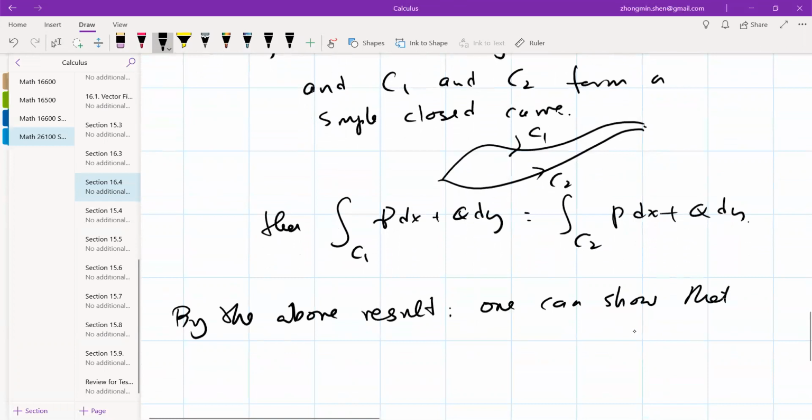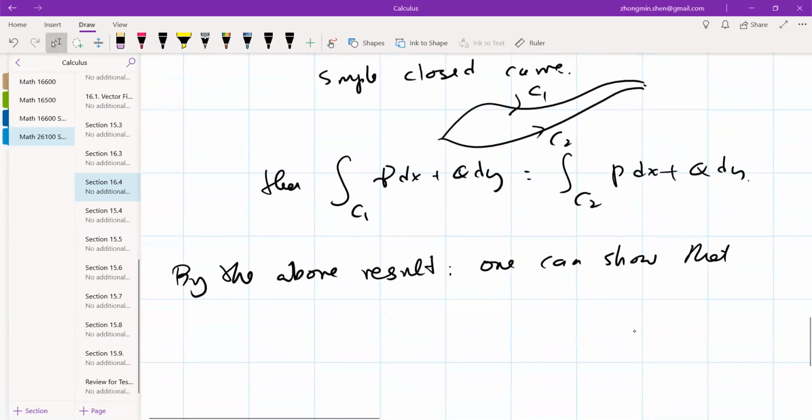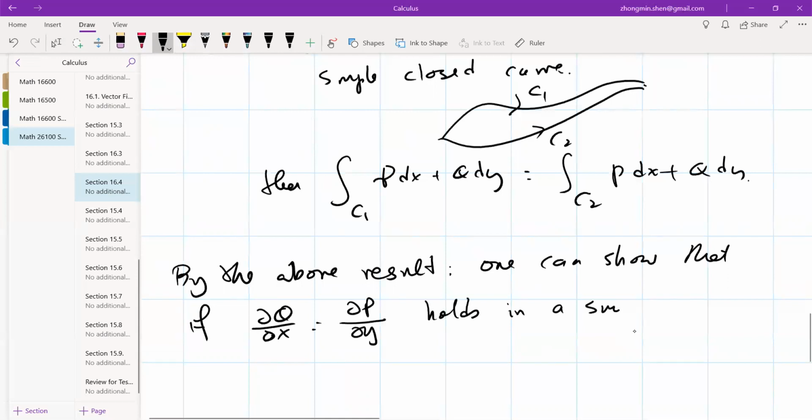if the partial derivative of P with respect to Y equals the partial derivative of Q with respect to X holds in a simple domain D, then F is conservative.